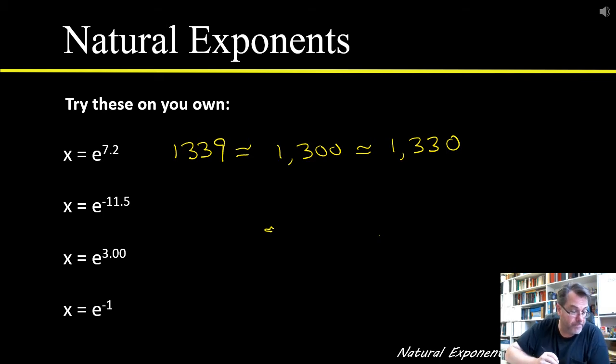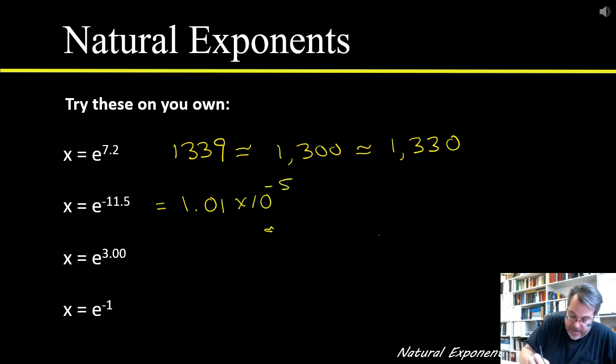Neither of those would be fine. Right? So next one, e to the minus 11.5. This is 1.01 times 10 to the minus 5.